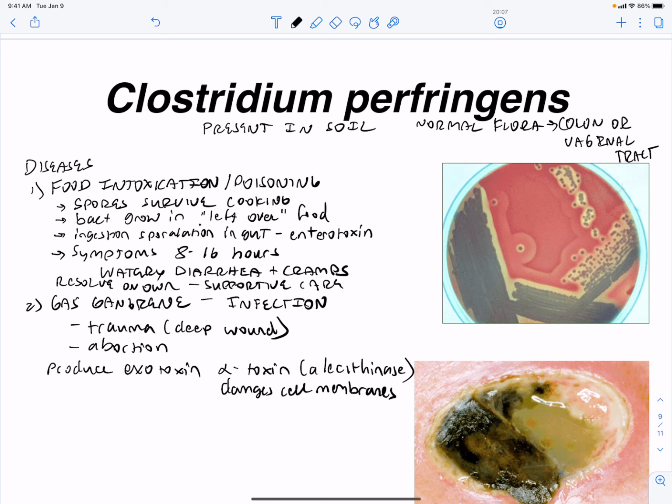Basically, Clostridium is an anaerobe. It doesn't want air, and so it's going to kill cells around it so that it can create a nice anaerobic environment in which it will continue to grow. The symptoms are going to be pain, edema, gas.